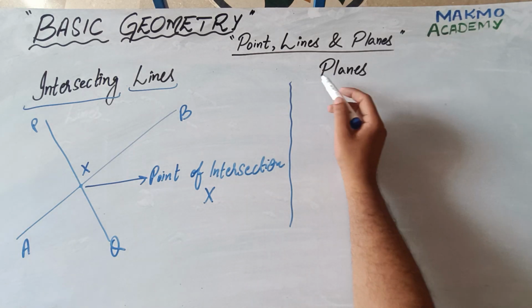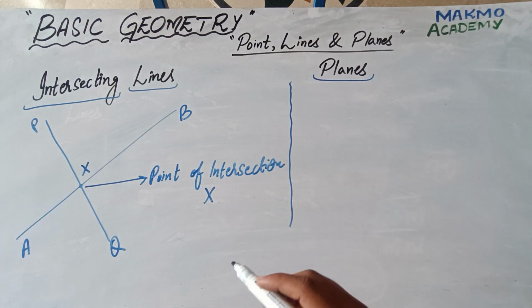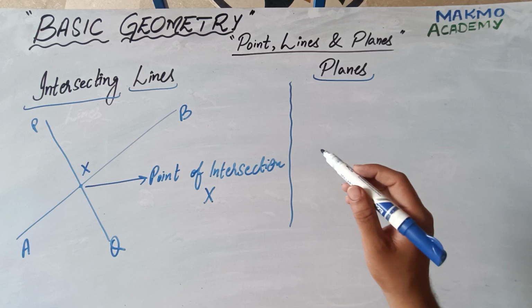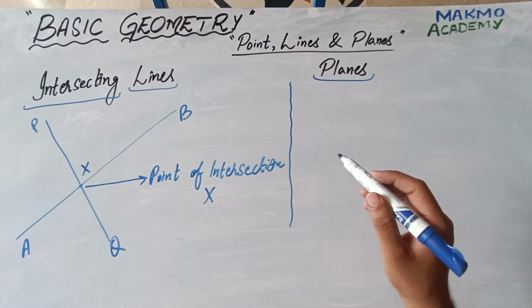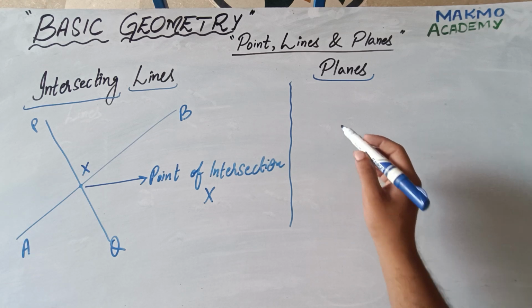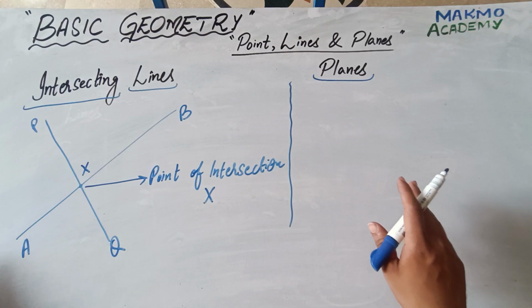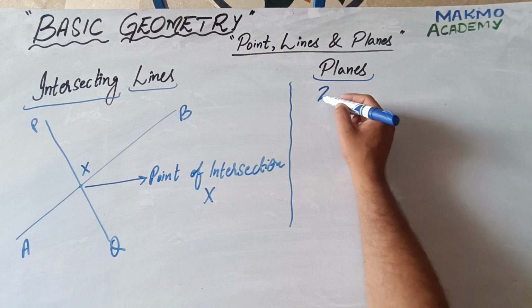Now the next thing which needs to be discussed is the plane. So what is a plane? A plane is a flat surface in which two points are joined by a line that lies entirely on the surface. For example, the floor of the classroom, or this board, is a plane. So a plane has two dimensions.